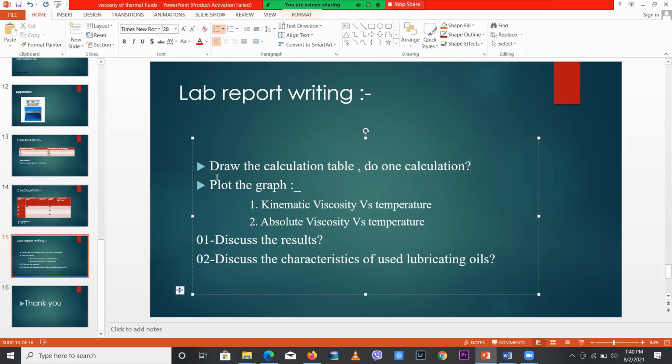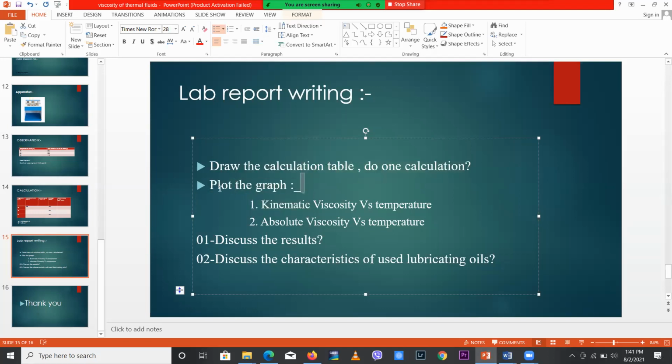Okay, you have to draw the calculation table, fill that table, and do the calculation for one set of data. For one temperature you have to do and solve it, right? For the others you don't need to repeat the calculation. Just do the calculation for one set of data, draw the calculation table, and complete the table.